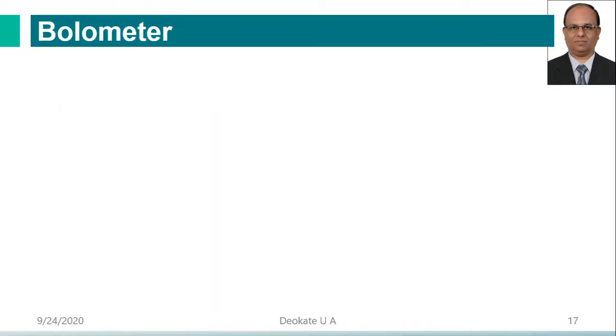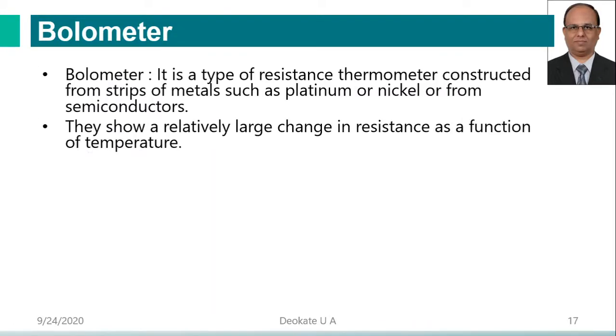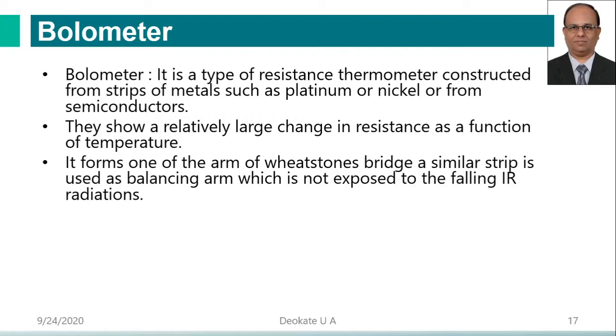The another one is bolometers. A bolometer is a type of resistance thermometer constructed from a strip of metal such as platinum or nickel, or from some semiconductors. It shows a relatively large change in resistance as a function of temperature. It forms one arm of the Wheatstone bridge.